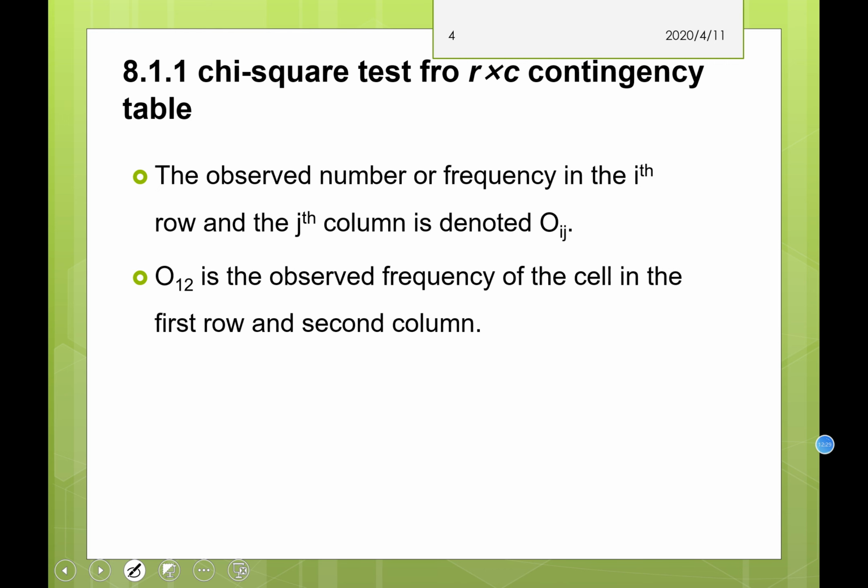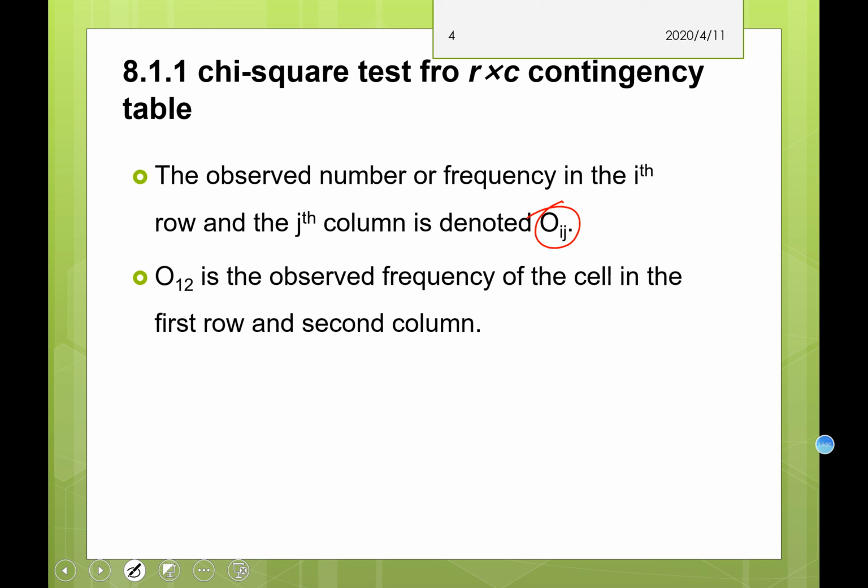Here we need to list all the numbers in the contingency table, and the observed number or frequency in the ith row and the jth column is denoted O_ij. O means observed number, so that is what we have really seen in this study.